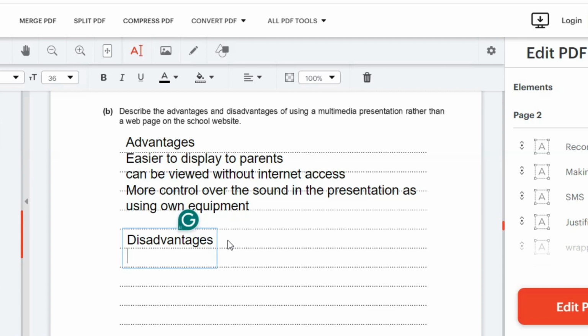So what are the disadvantages? Multimedia can be seen by less people.